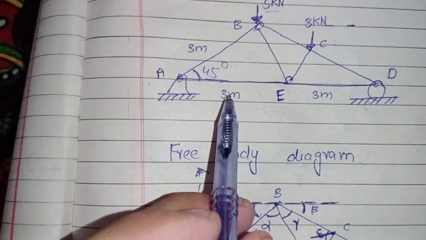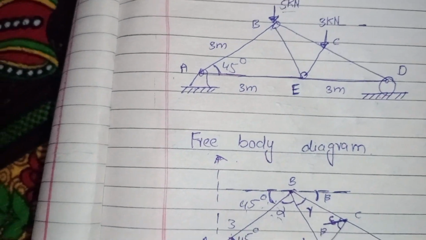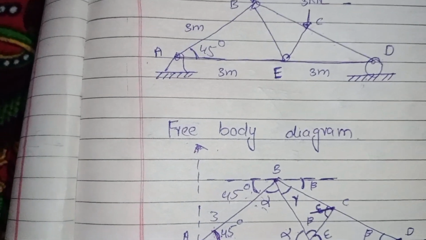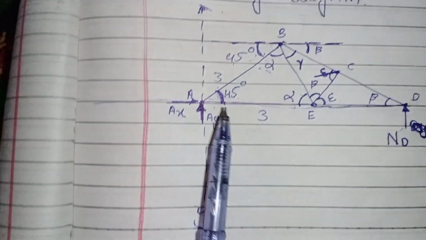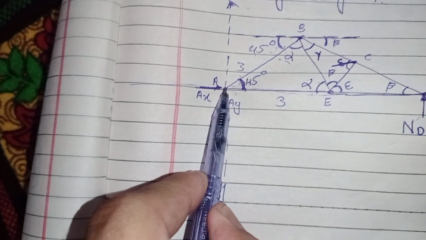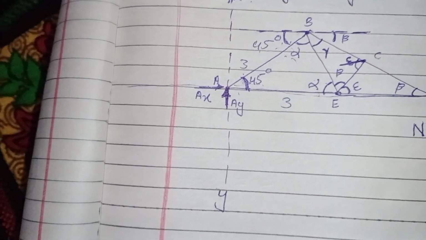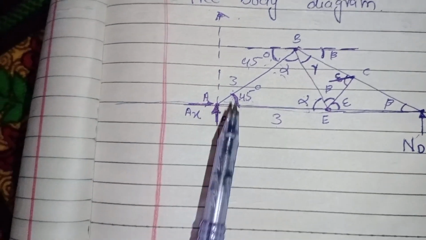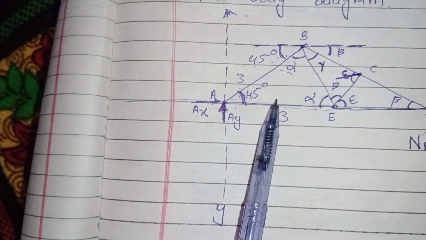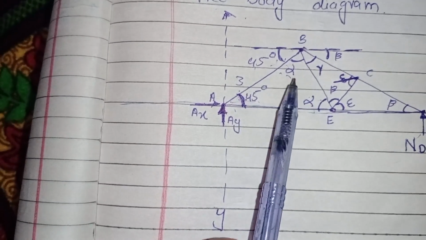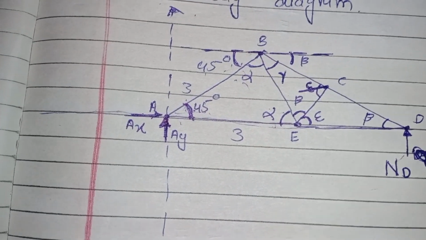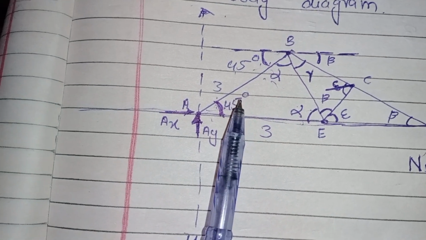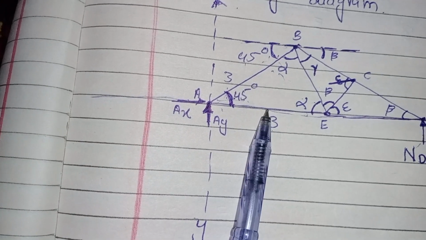But first of all, we take summation of moments at point A, because all joints have a minimum of three unknown forces, and it will be very difficult for us to find out forces in the members.